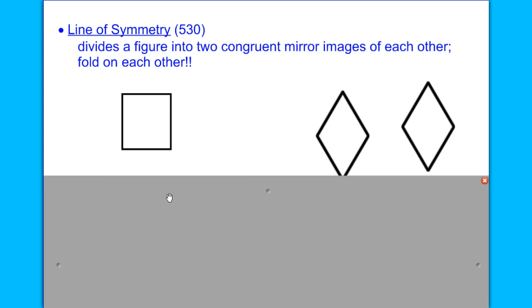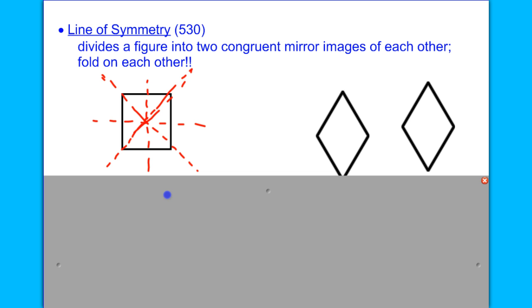Gavin, give me one line. Right down the middle. Okay, so he says like a vertical right here. That would work? Okay, give me another line, Caitlin. Okay, so she's describing a horizontal. There's another line of symmetry. And we need another one, I think. Olivia. Good, a diagonal, which means we could, if we could do it this way, this is not perfect, we could also do it this way.